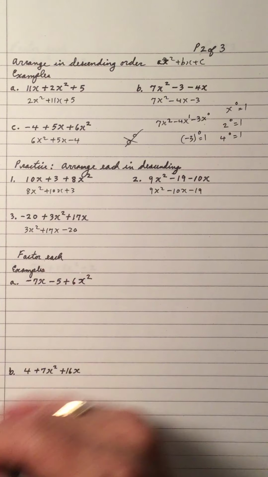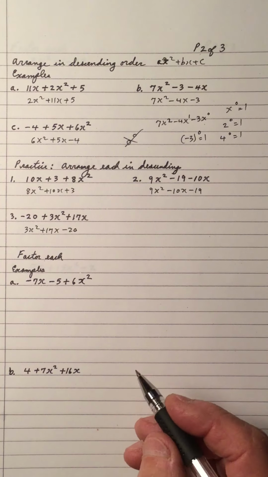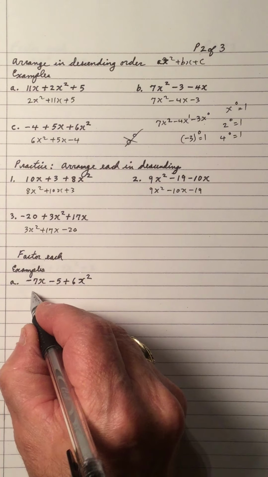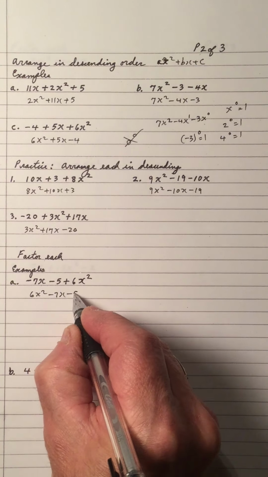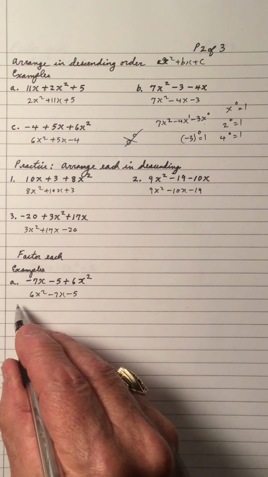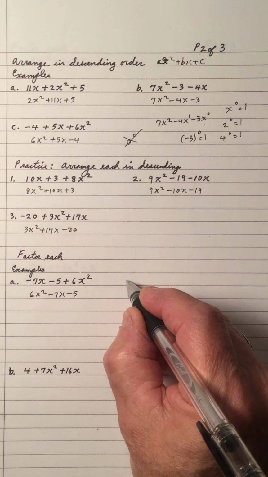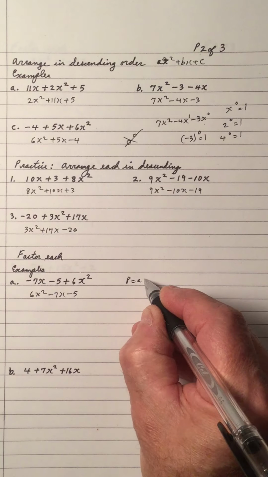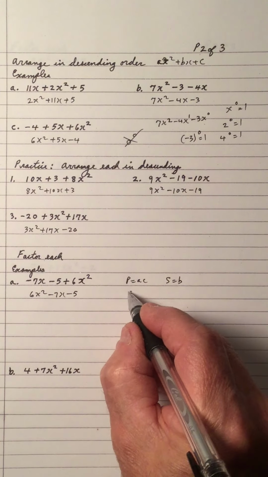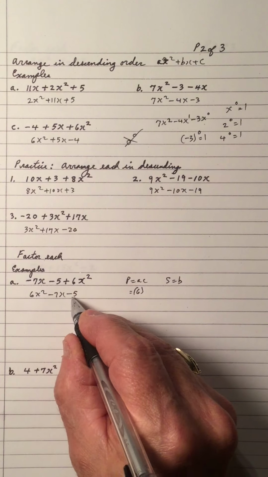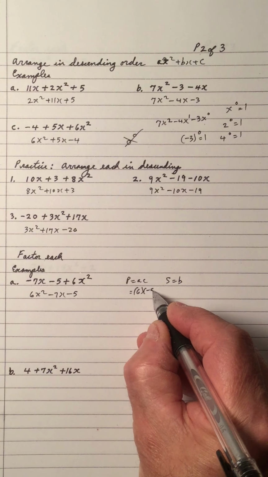Now let's factor. But we have to have it in descending order. So I have to go with 6x squared minus 7x minus 5. Notice, again, I didn't change it. Now we do product is AC and the sum is B. So A is 6 and C is negative 5.